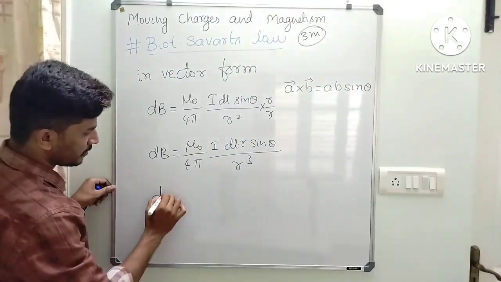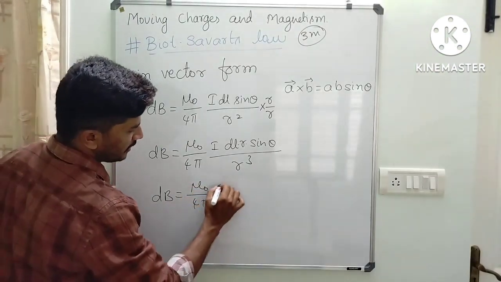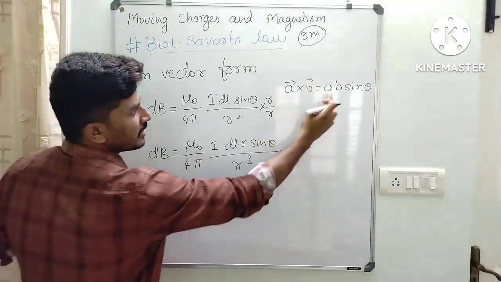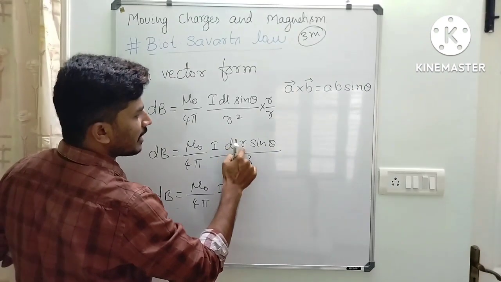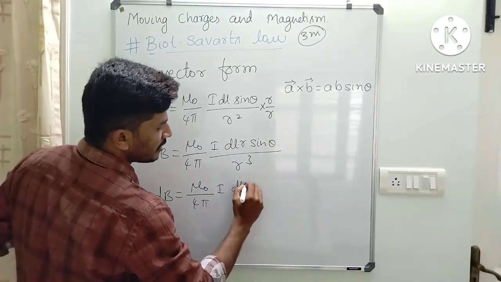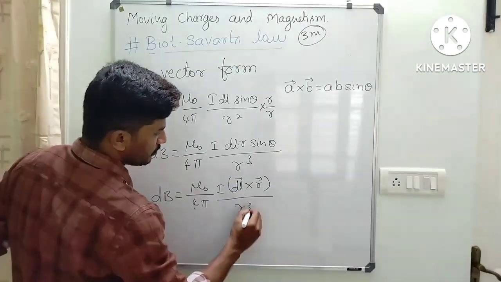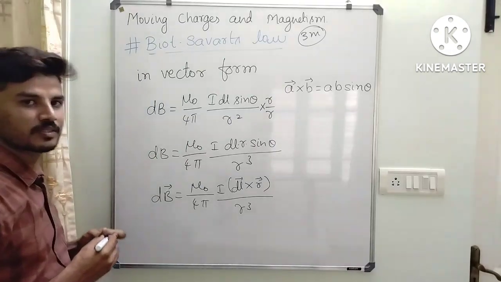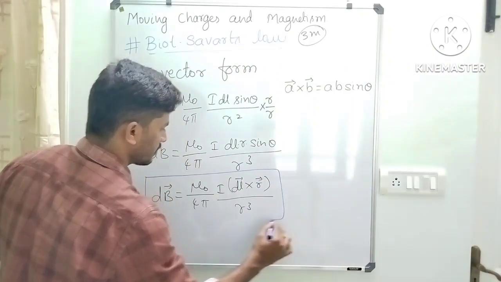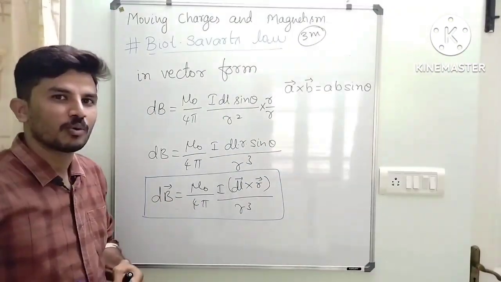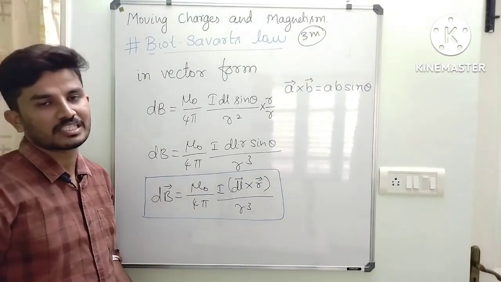AB sin theta can also be written as A cross B. In the same manner here, dl R sin theta can also be written as dl cross R divided by R cube. So this is the vector form of Biot-Savart's law. I hope you have understood this. If you have any doubt, you can text in the comment section.